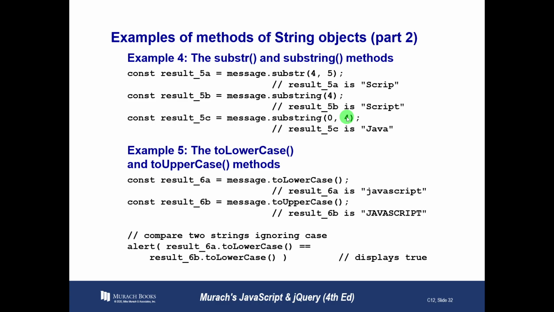Now that is a little confusing when we see that stop at position 4, because this is 0, 1, 2, 3. So 4 is not inclusive. So when we do substring, it goes from 0 up to the character before that index. So it's going to take 0, 1, 2, and 3. It is not going to include the 4 that we specify there. So 0, 1, 2, and 3. We get the Java part of JavaScript.